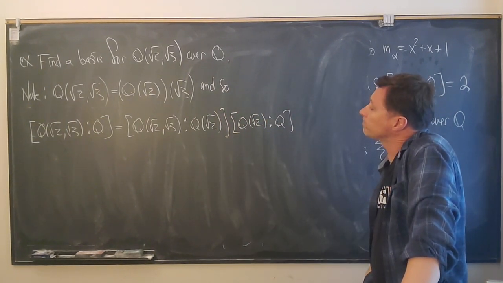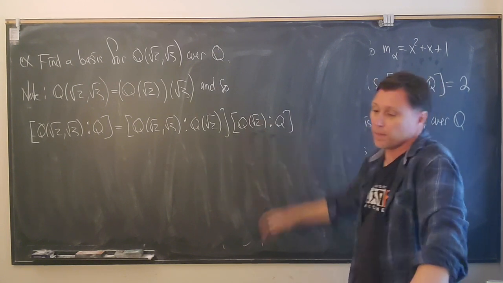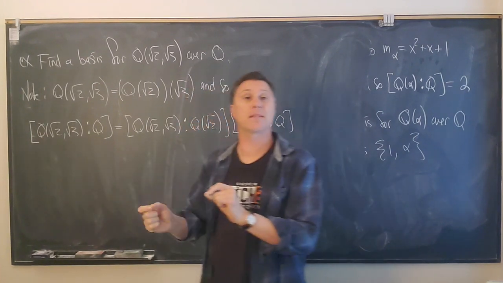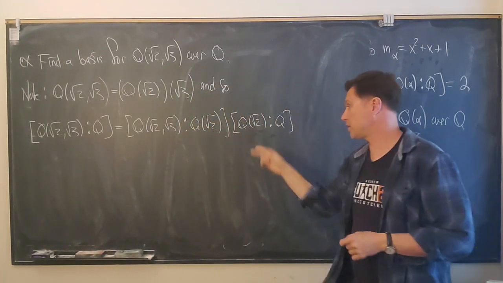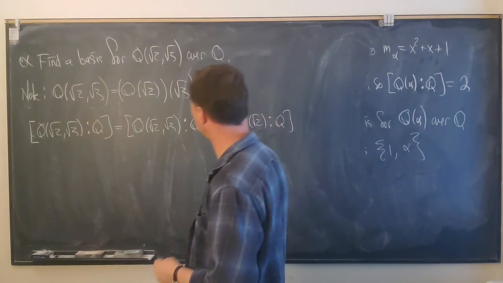Also, in the proof of the tower law, if I find a basis here and I find a basis here, we can find a basis for this one by mixing and matching the two bases, by multiplying from each of the two sets.